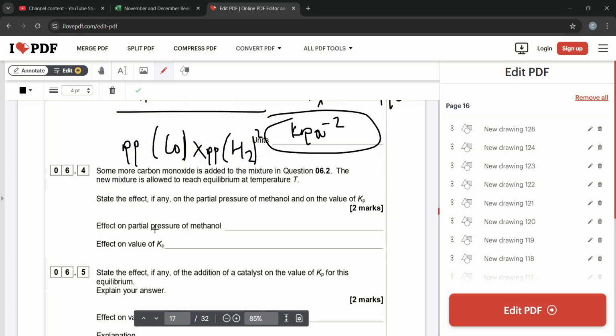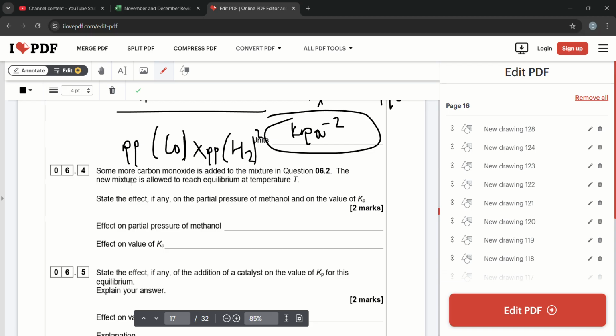6.4: Some more carbon monoxide is added to the mixture in question 6.2. The new mixture is allowed to reach equilibrium at temperature T. State the effect, if any, on the partial pressure of methanol and on the value of Kp.